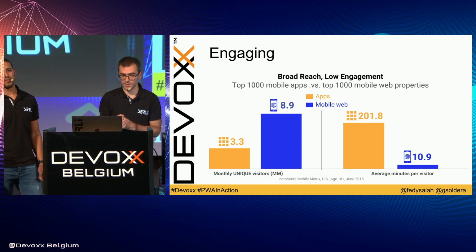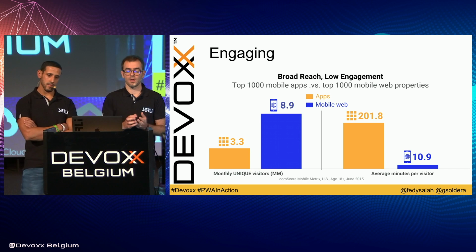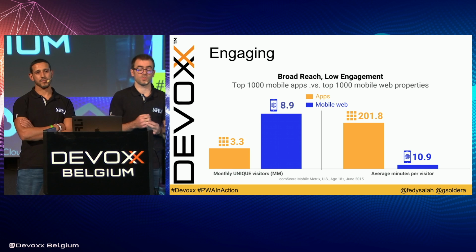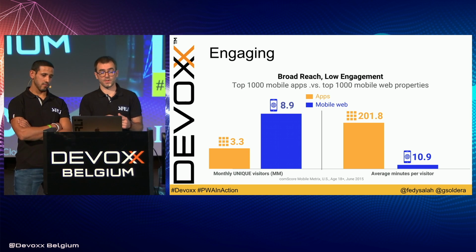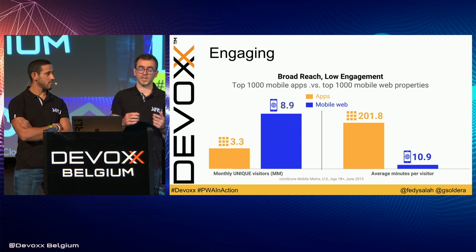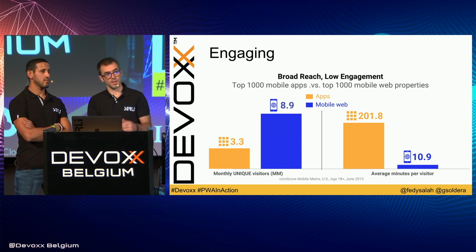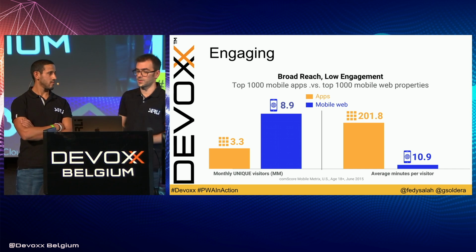On this graph, we can see that the web can reach more users than native apps. For native apps, you must go to the store. You must find the right application in the store. When you find it, you allow all permissions. You download it. You install it. Then you can use it.